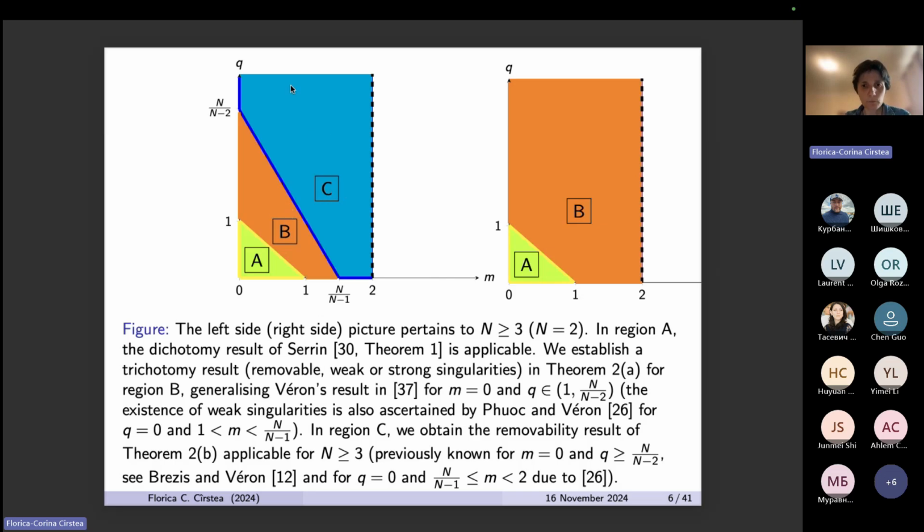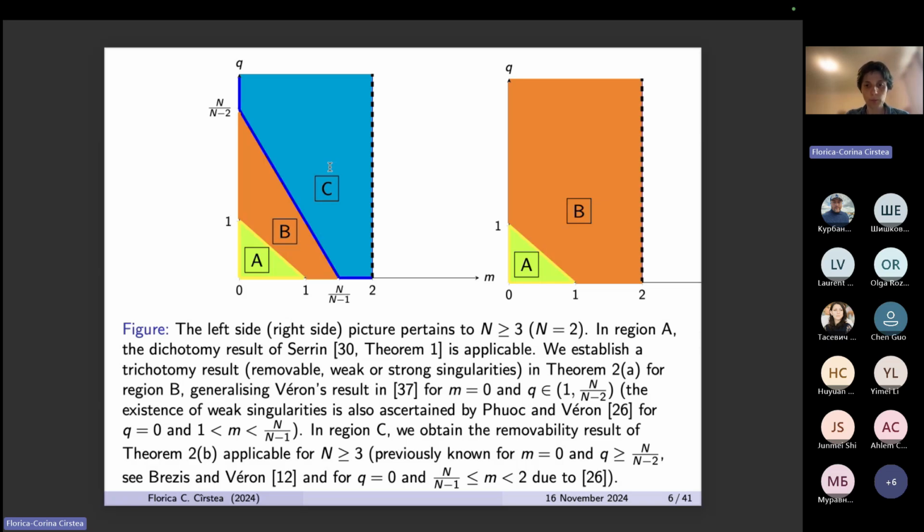And in the region here in blue, what was known before corresponds to the portions on the q-axis, when q is greater than or equal to n over n minus 2 and m is 0, the removability result by Brezis and Veron, or on the m-axis, when q is 0 and m is between n over n minus 1 and 2. And the rest of the blue region is what we completed.